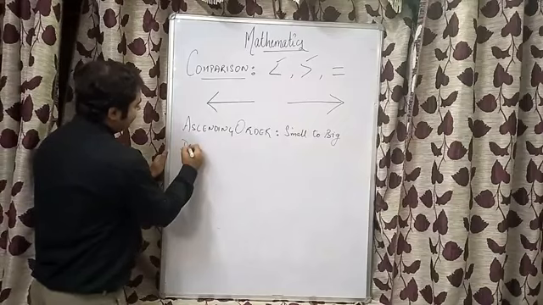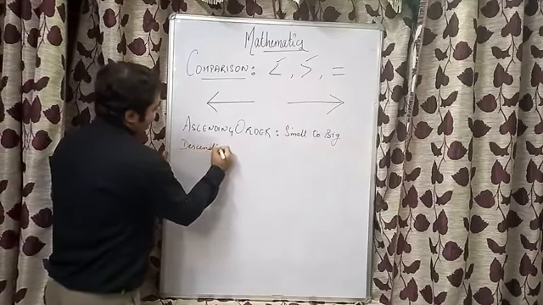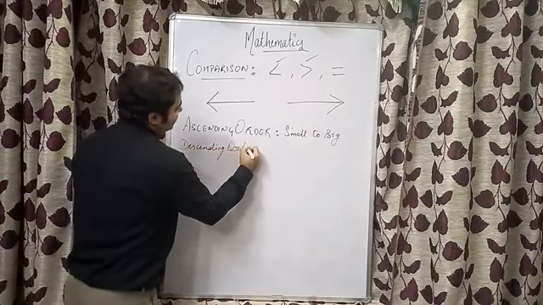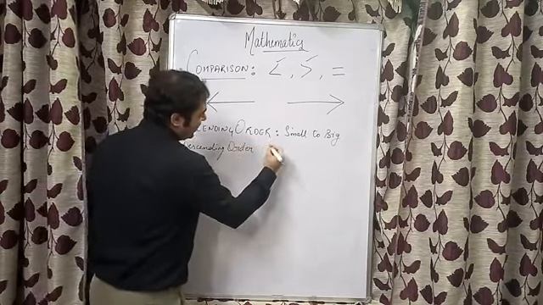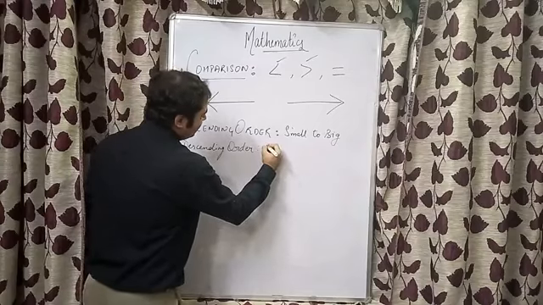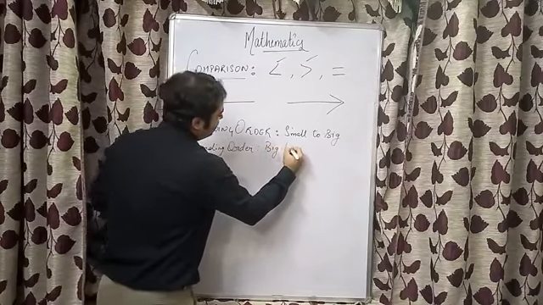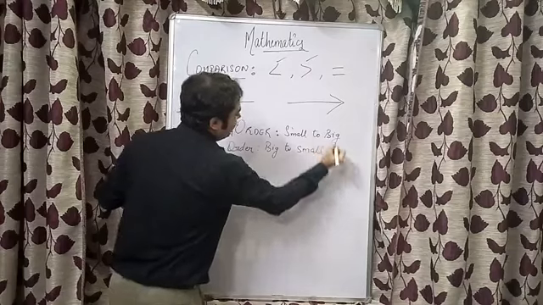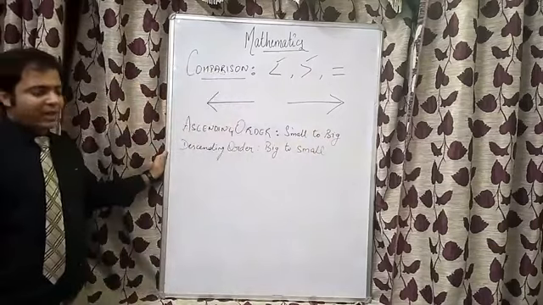In descending order, the opposite happens. We arrange the integers from big to small. We'll understand this with the help of one example.